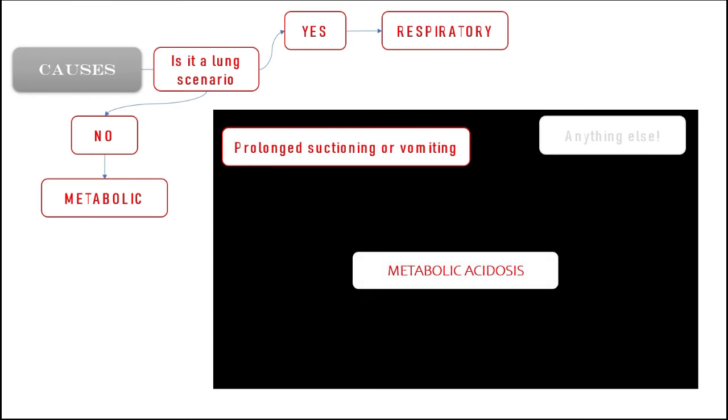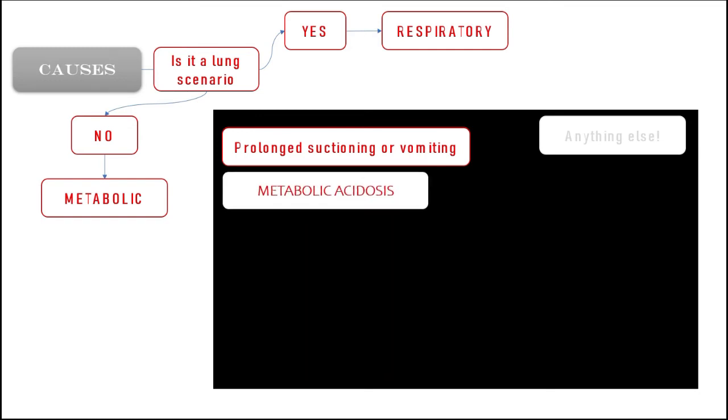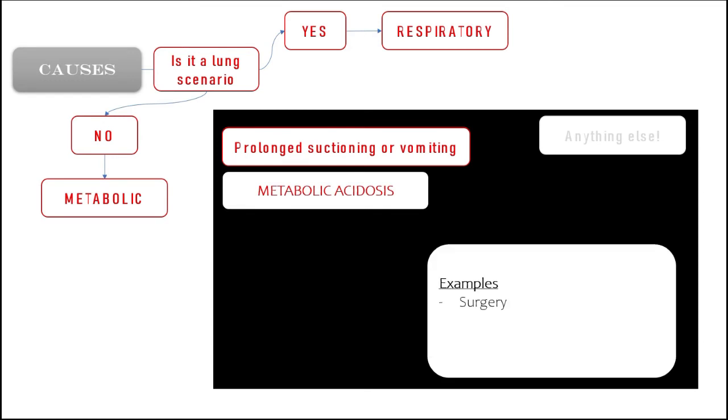This is because the gastric juices contain lots of acid, and when there is prolonged suctioning and vomiting, this acid is lost, resulting in the blood becoming alkaline. The causes are surgery with nasogastric tube suction for 3 days or more, and hyperemesis gravidarum.